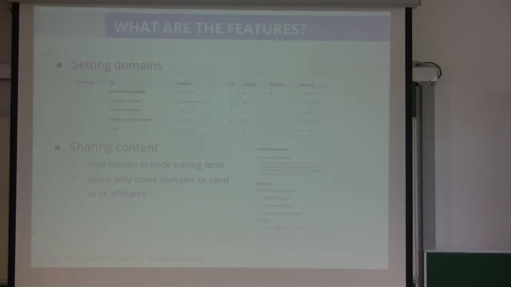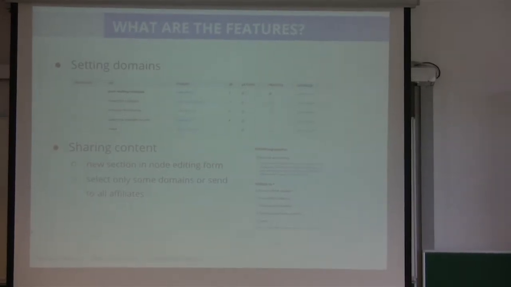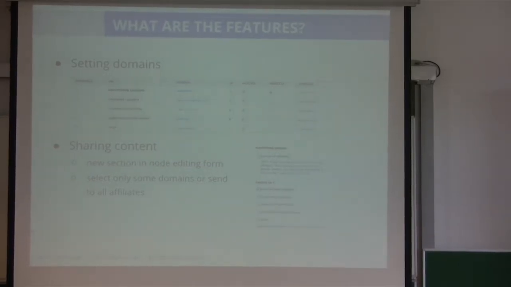So about sharing content, when you're adding a new node, or when you're editing a node, a new section is available in the node editing form, actually in the tabs of the node editing form that are at the bottom, which just tells you on which domain you would like to publish this content.